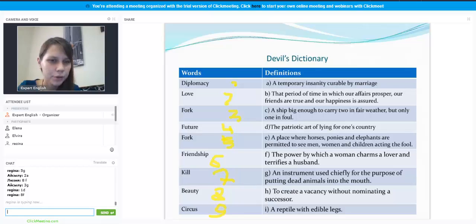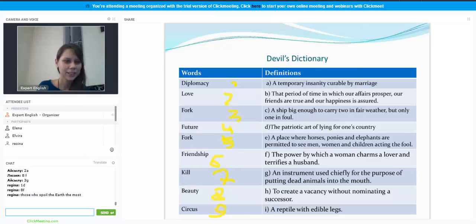Pillow, bag, bird, table. Those who spoil the earth the most. Yes, I think you're telling about birds, Regina. I really like it. That's fine.